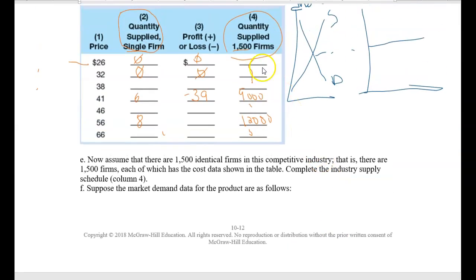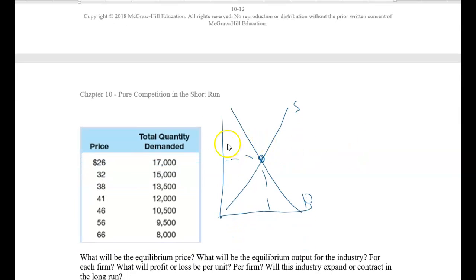So once you have figured out this column right here, you're going to take this data and put quantity supplied. Whatever those numbers are, you're going to fill in these blanks. And you're going to find the equilibrium price and quantity.